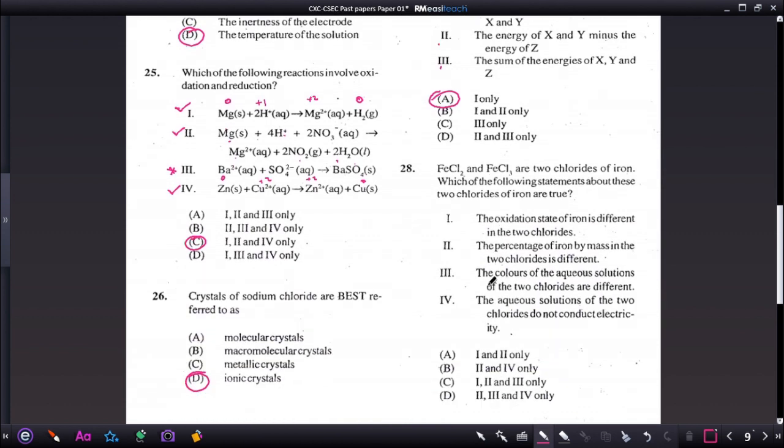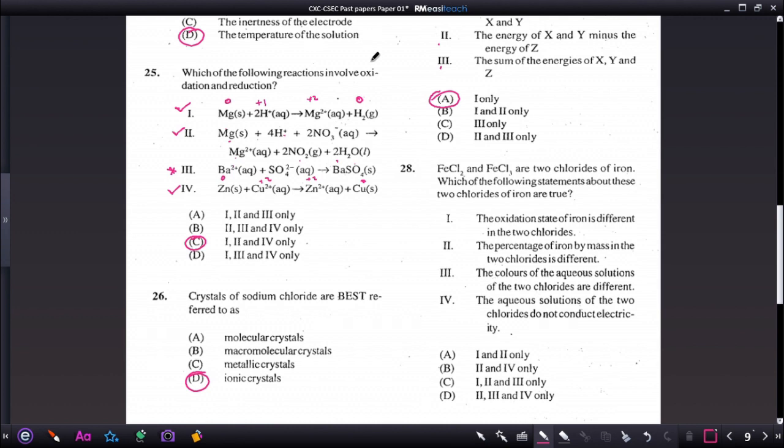28. Ferrous chloride, or iron(II) chloride, and ferric chloride, or iron(III) chloride. It's because the two oxidation states exist. We use ferrous and ferric to differentiate between the two, because if I were to just say iron chloride, how would you know unless I use the oxidation state?